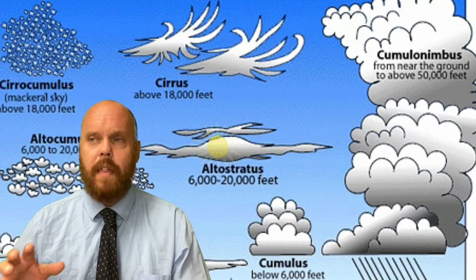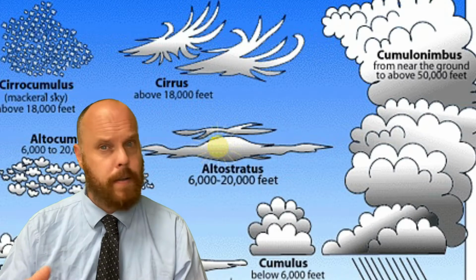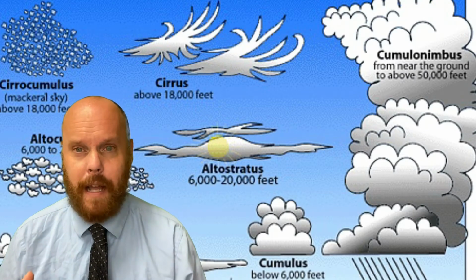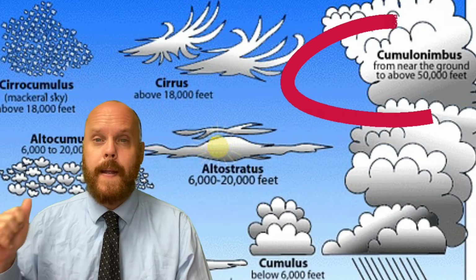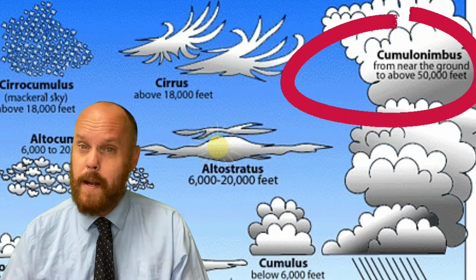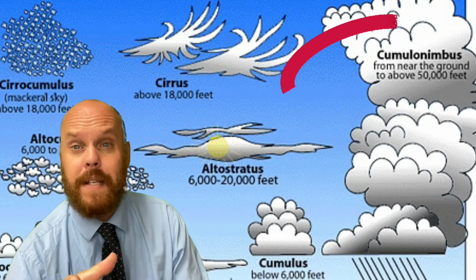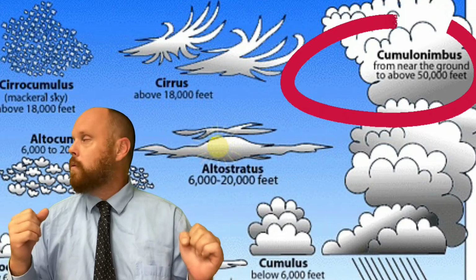Now, you heard me say before that when cumulus clouds join together, they can make bigger clouds. Well, these bigger clouds are called cumulonimbus. Go ahead and say it. Cumulonimbus. Whenever you hear that word nimbus, I want you to think storm.